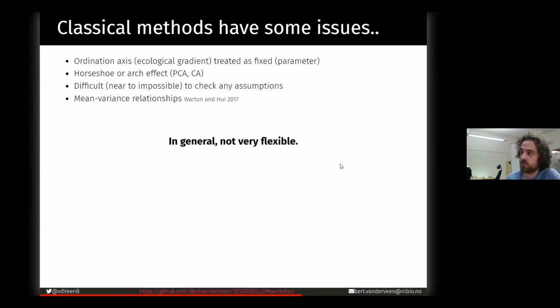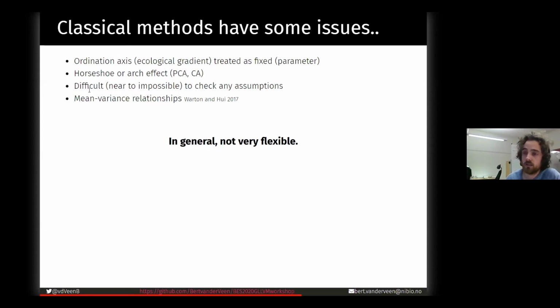Classic ordination methods have some issues. One of them is, for example, that the ordination axis is often treated as fixed, as a parameter, while it is unobserved. So statistically, we want to actually treat it as a random or mixed effect. We have a horseshoe or arch effect, which is notorious and familiar to a lot of ecologists, which is this kind of arch-looking distortion in ordination that's not necessarily believed to be of ecological importance or a result of the structure in our community.